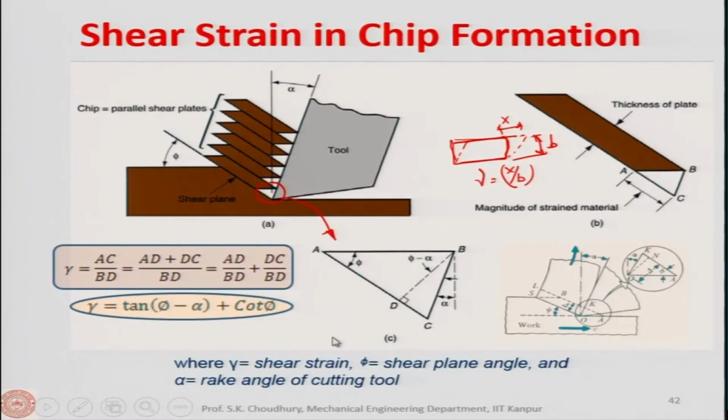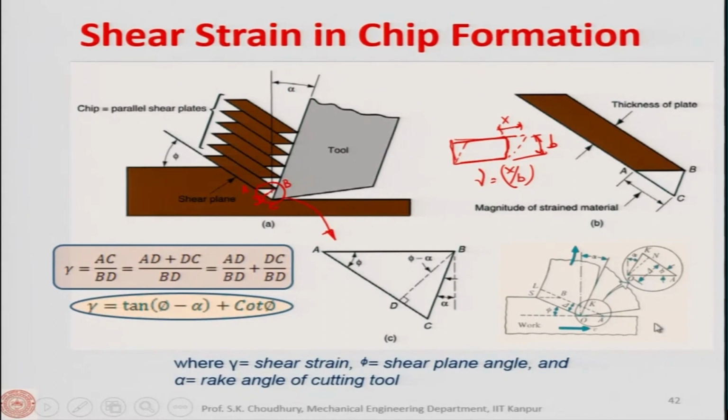Let us say this point is A, this point is B, and this point is C. Now, from point B we can take a perpendicular, and this we call D. So this is shown here: this is B, this is A, and this is C. If you see this first slice, it has been deformed up to this AC, because if the tool had not been there, this chip could have slid up to this.